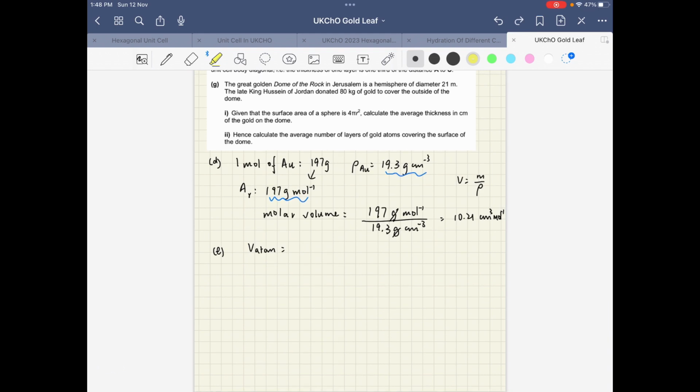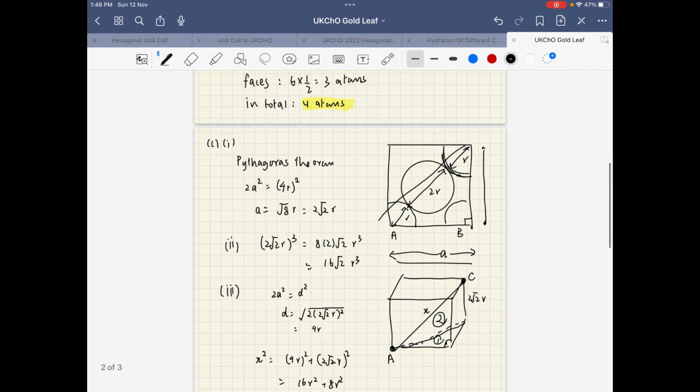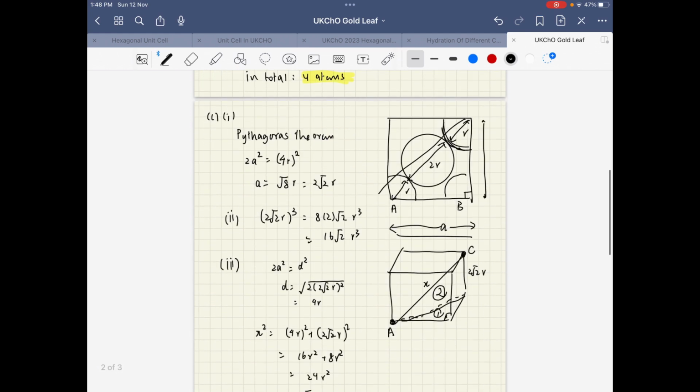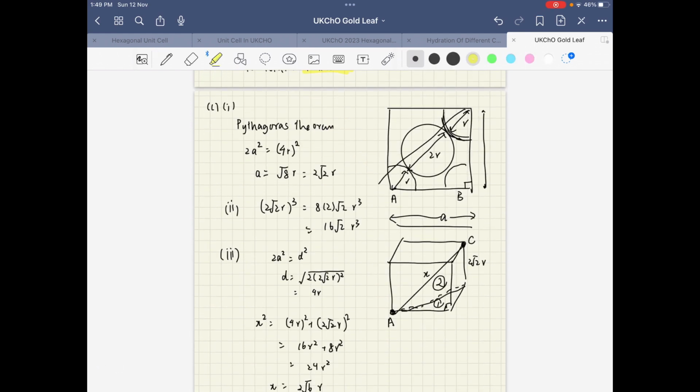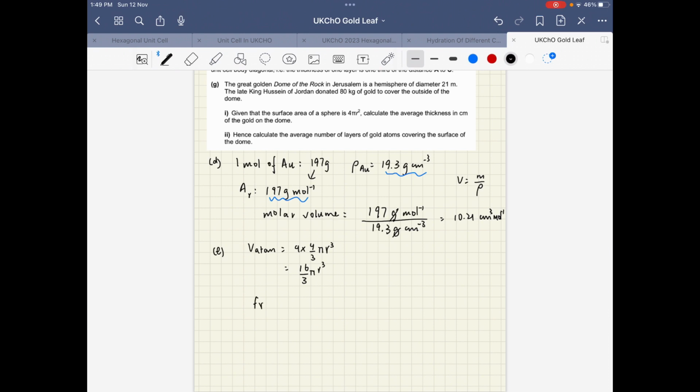So my total volume would be 4 times 4 over 3 pi r cubed. So that's 16 over 3 pi r cubed. And then my volume of the unit cell is this one, 16 times square root 2 r cubed. So the fraction would just be 16 over 3 pi over 16 times square root 2.